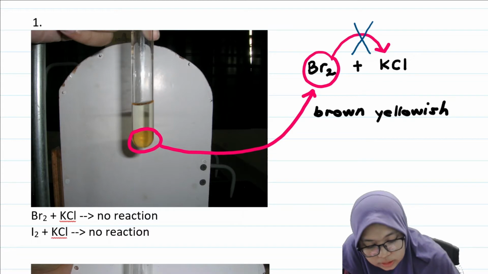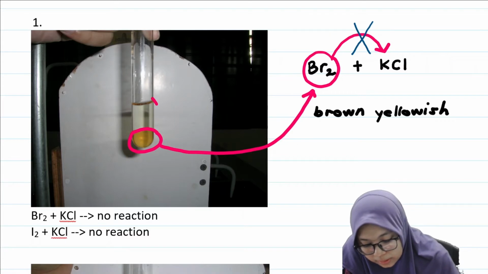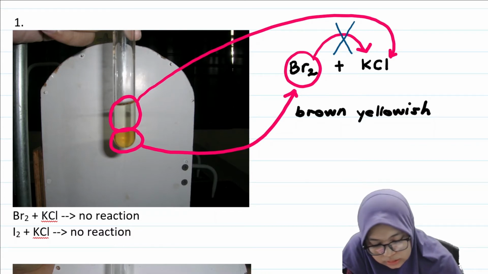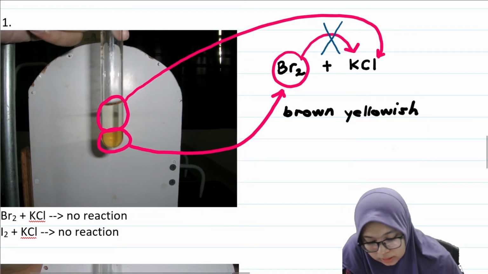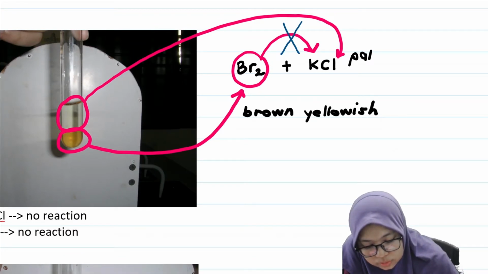The brown yellowish color is bromine in 1,1,1-trichloroethane, and the upper part of the test tube is the color for potassium chloride. Potassium chloride in aqueous solution is either colorless or pale yellow. So you will get a pale yellow solution and it is almost colorless.